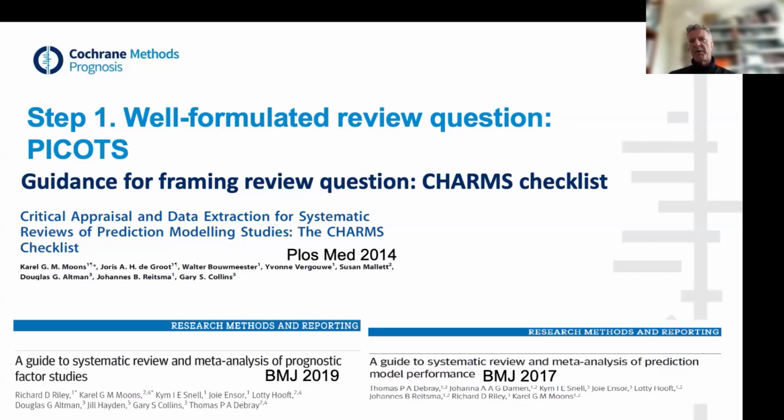However, Richard Riley et al. also transformed the CHARMS checklist for framing the review question of prognostic factor reviews. So the best guidance we think we can provide is, if you do a prognostic factor review, then use the CHARMS checklist for developing your PICOTs. I'm going to show you what a PICOTs is using the paper of Riley et al. And if you want to do it for prognostic models, use the paper of Debray et al., which are at the bottom of this slide.